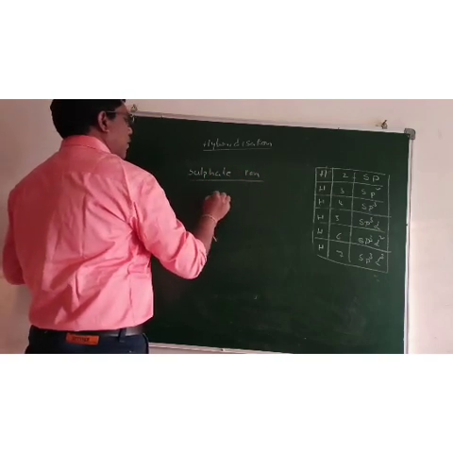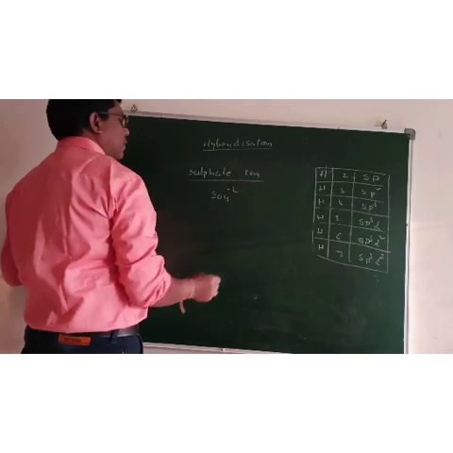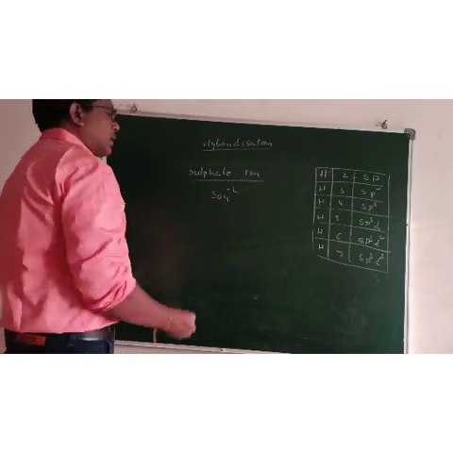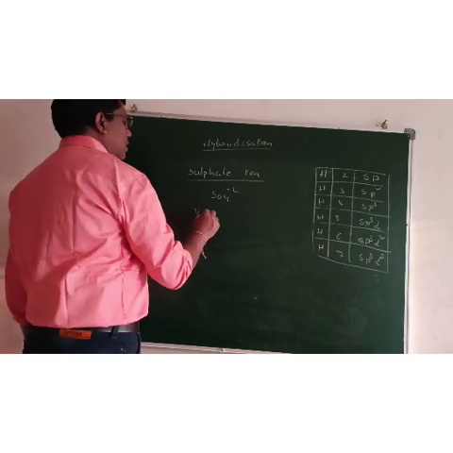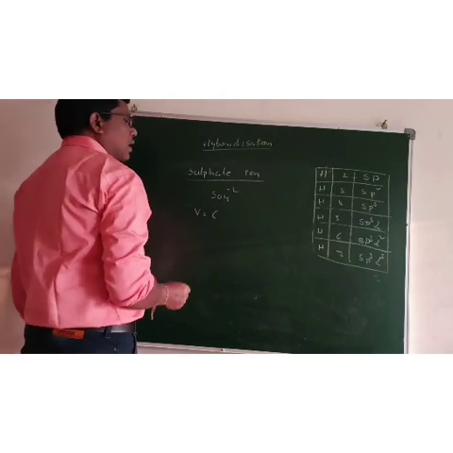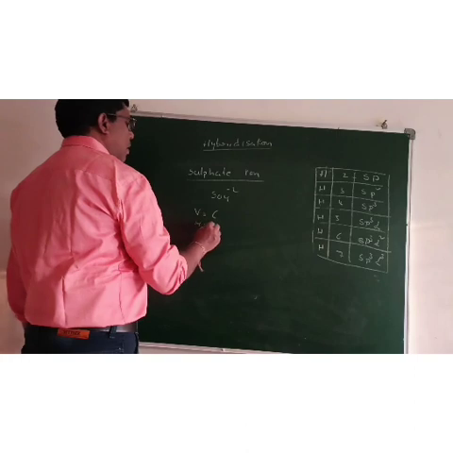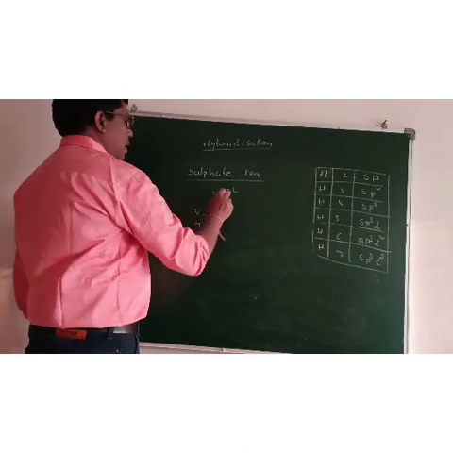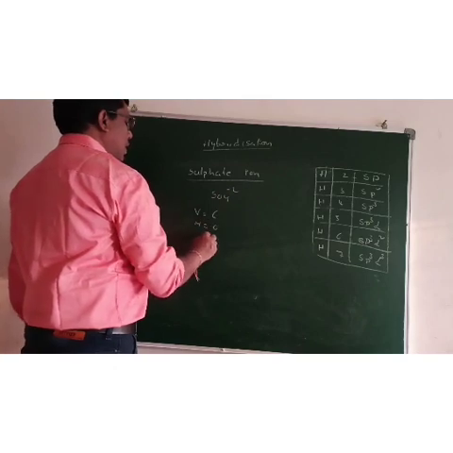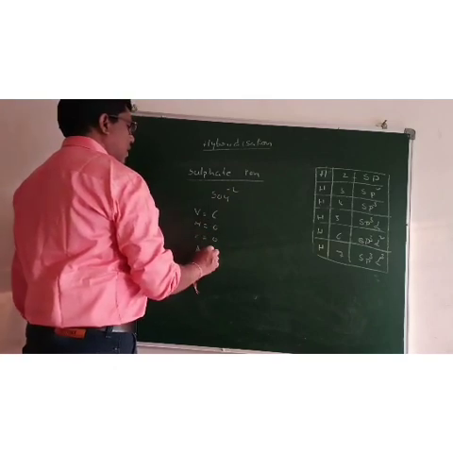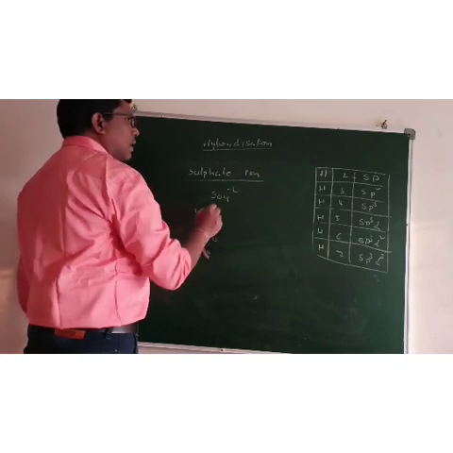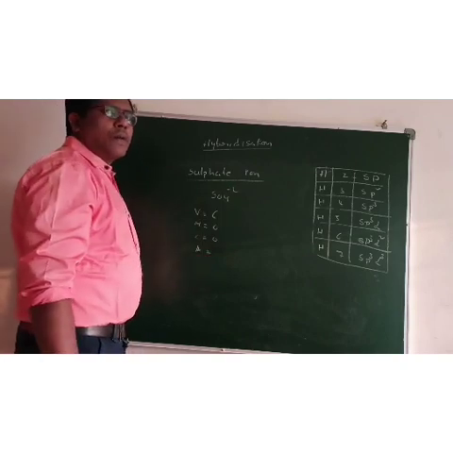So the sulfate ion formula is SO4 minus 2. Here sulfur is also a sixth group element. That's why its valence electrons is 6. Oxygen is divalent, so number of monovalent radicals is 0. And it has negative charge, so cation value is 0. For the anion, once again remember, don't take the sign in the A value.